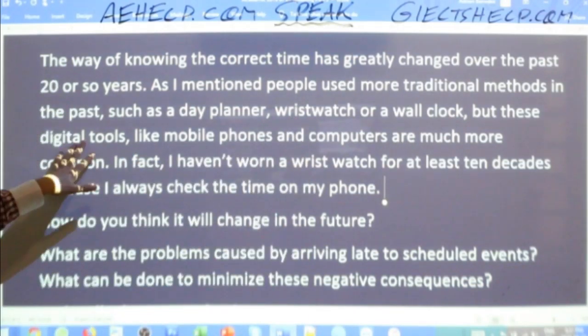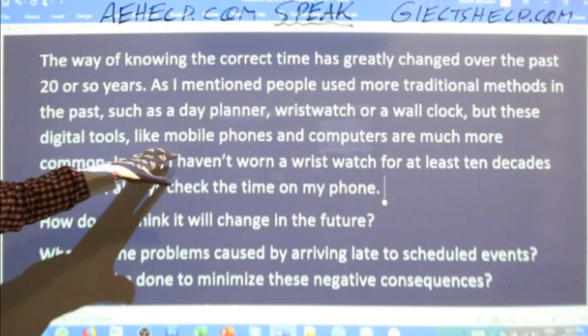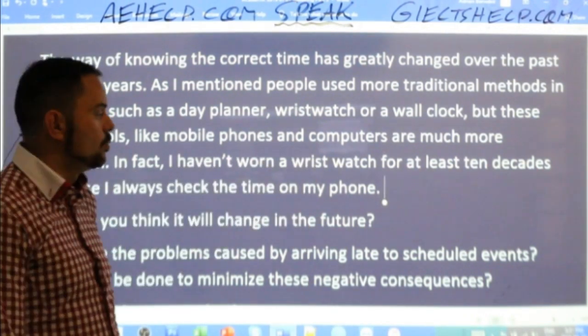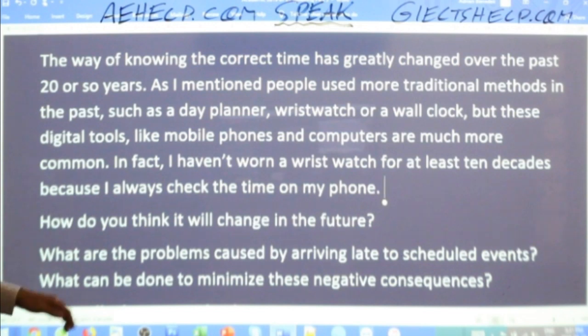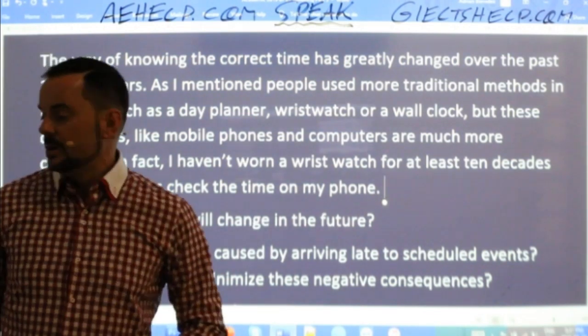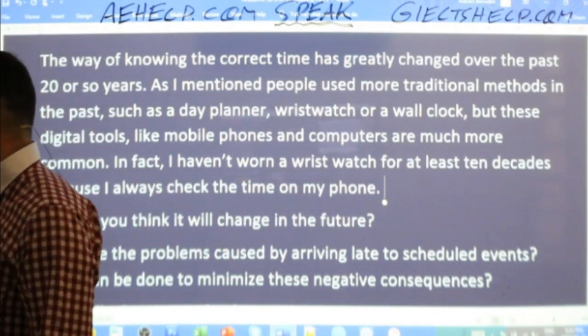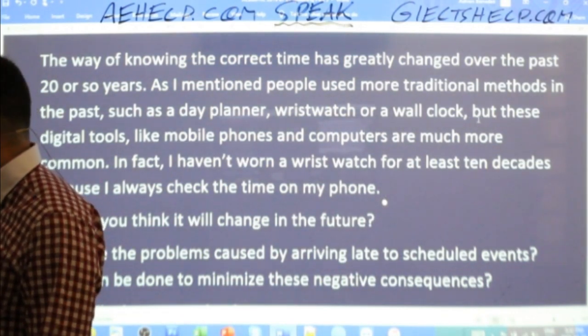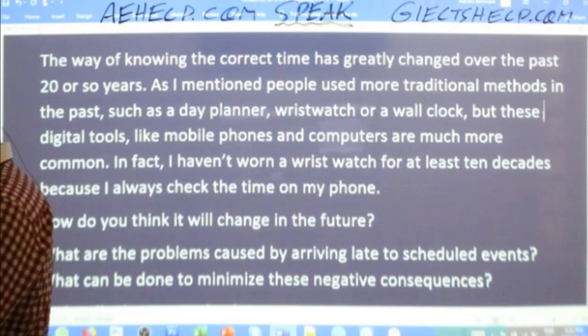But these days, digital tools like mobile phones and computers are much more common. In fact, I haven't worn a wristwatch for at least 10 decades because I always check the time on my phone.